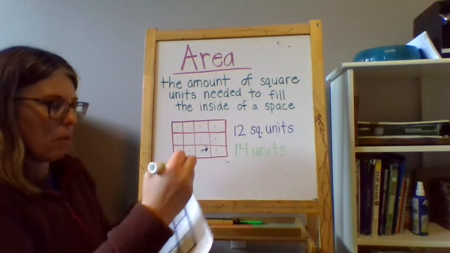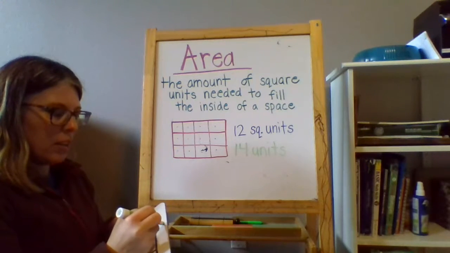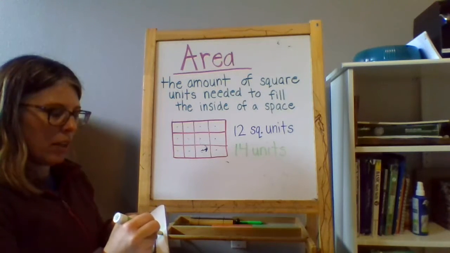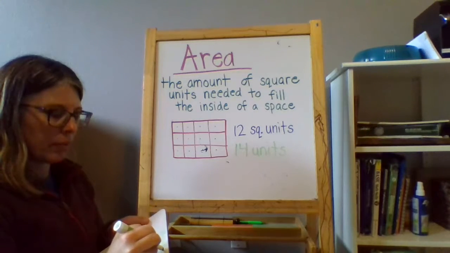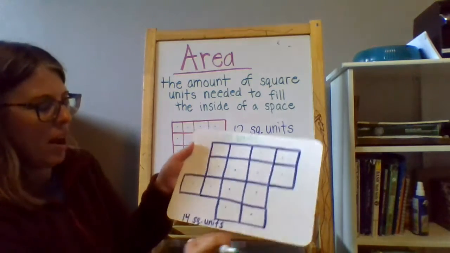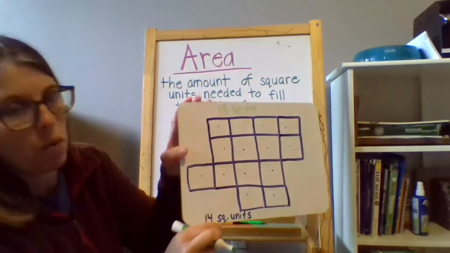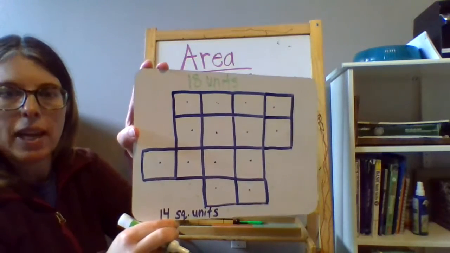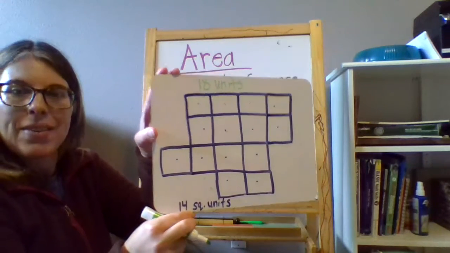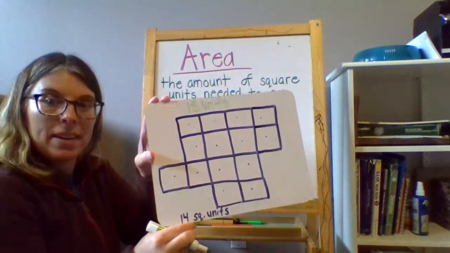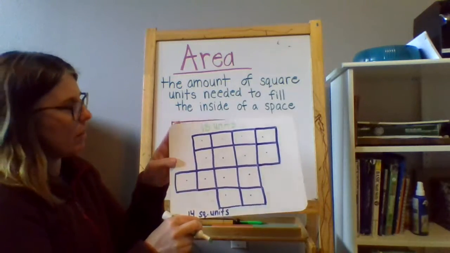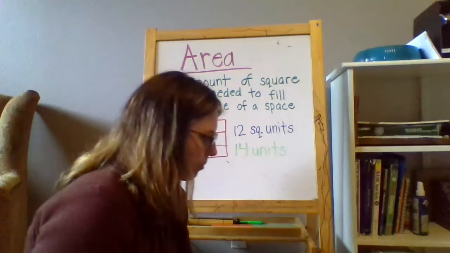So the perimeter of this one is 18 units. And the area was 14 square units. Are those the same? No. So the perimeter and area are different.